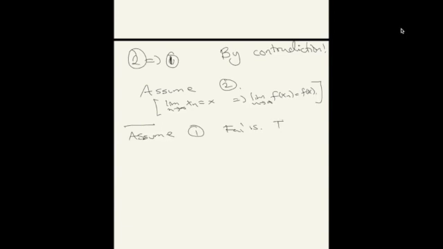That is, and now you have to think carefully what it means for 1 to fail. That means that there exists an x in X, and we fix that.